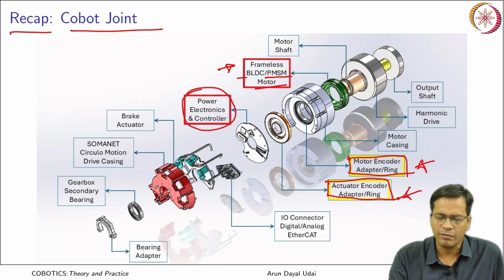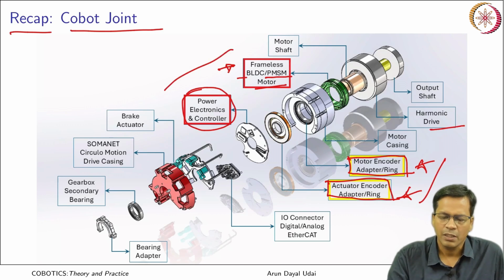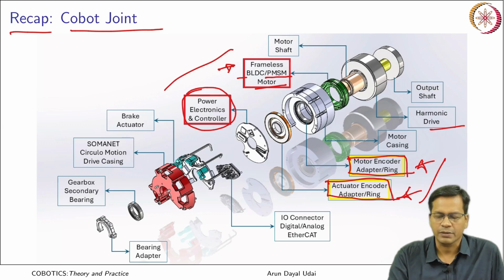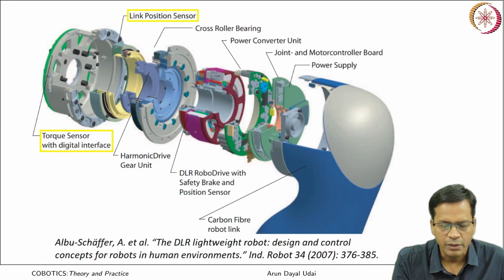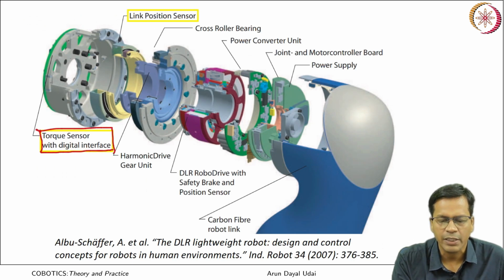So few things are covered, few are remaining, that we will be doing next. Accordingly, at the end we'll fulfill everything, that is harmonic drive, sensors and the actuators, and some mechanical design also we'll discuss and we'll complete this. Okay, so this is what we'll be discussing next: torque sensor with digital interface and link position sensor.